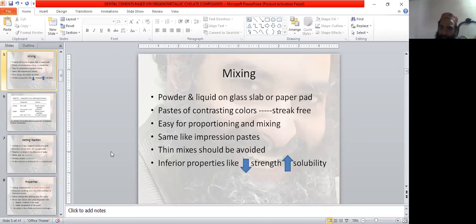Thin mix should be avoided, as we do in our impression pastes. For restoration or for cementation, we have to use a thick mix. Thin mix has inferior properties like low strength and higher solubility.